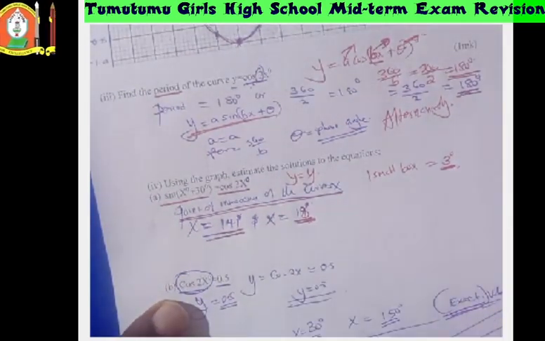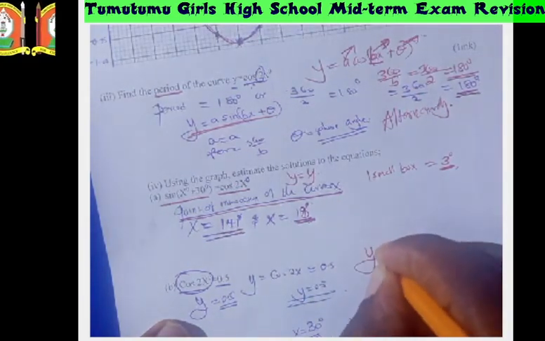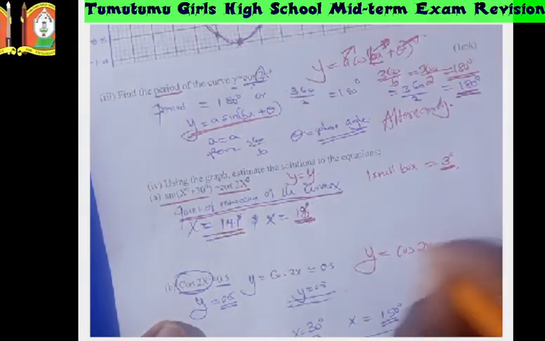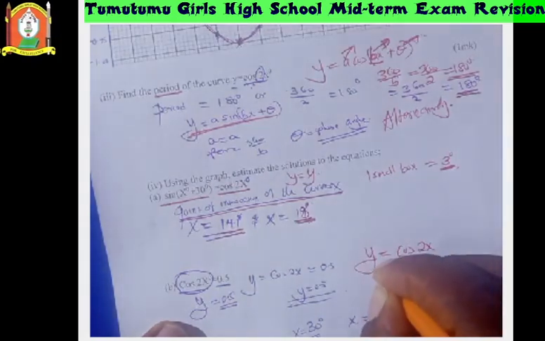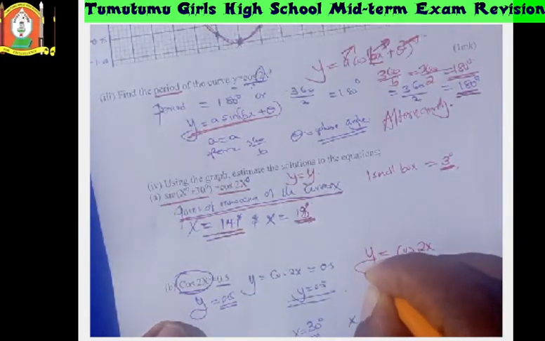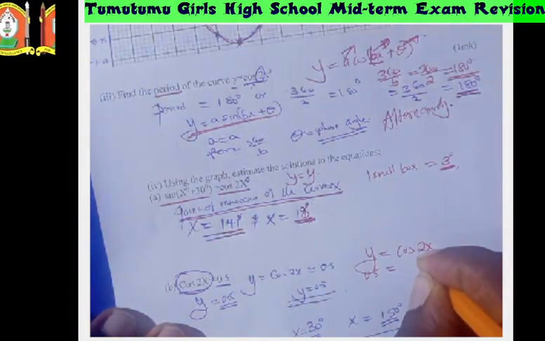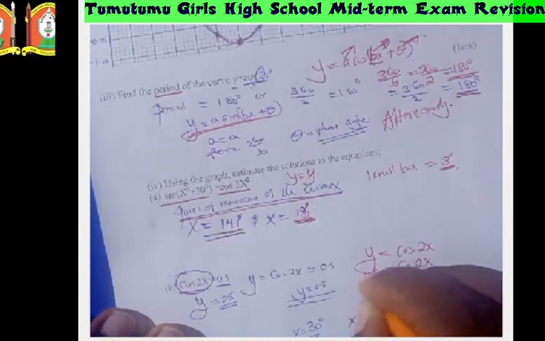Now, that cos 2x is equal to 0.5. We use y equals cos 2x, and we use the same graph to answer the equation. 0.5 equals cos 2x. This is the equation we are using.